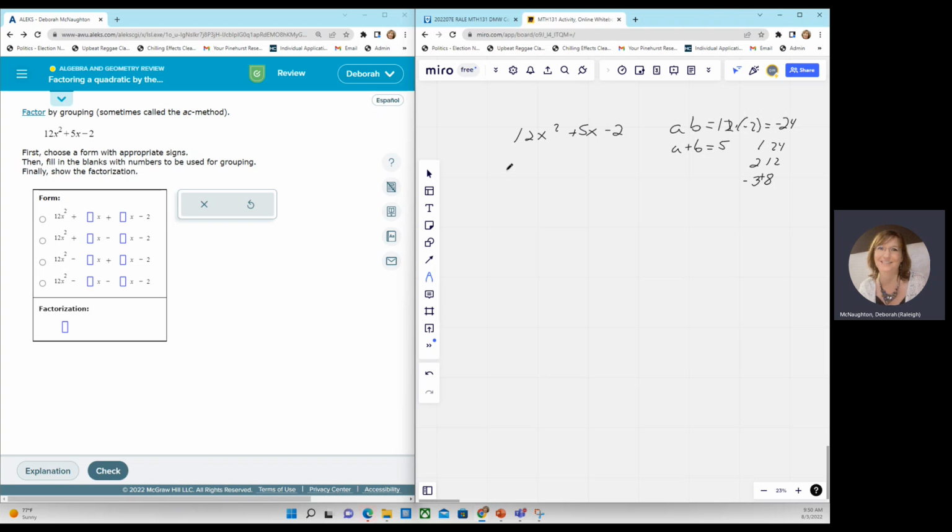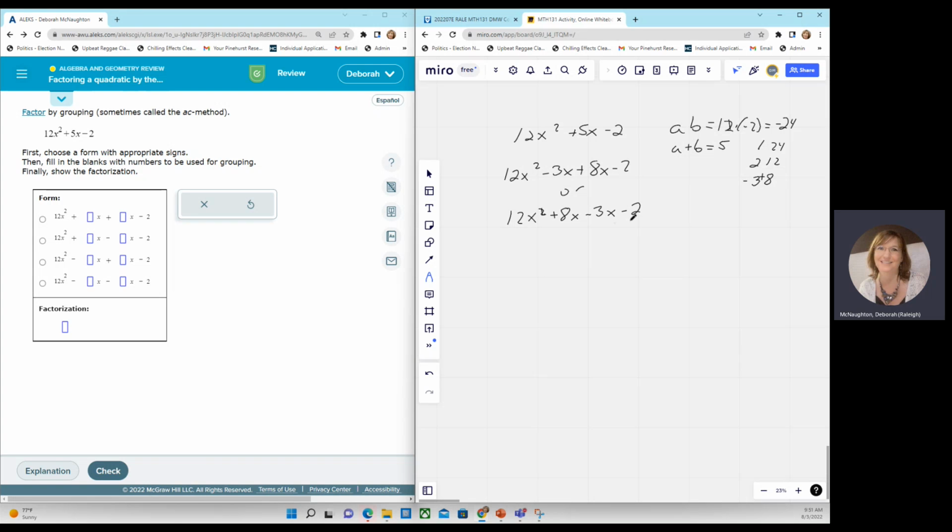So the way that I decide what goes where, I either have 12x squared minus 3x plus 8x minus 2, or I want to rewrite it as 12x squared plus 8x minus 3x minus 2. I have to pick which one of these is the correct one. The way I know is that I need to be able to factor both pieces.